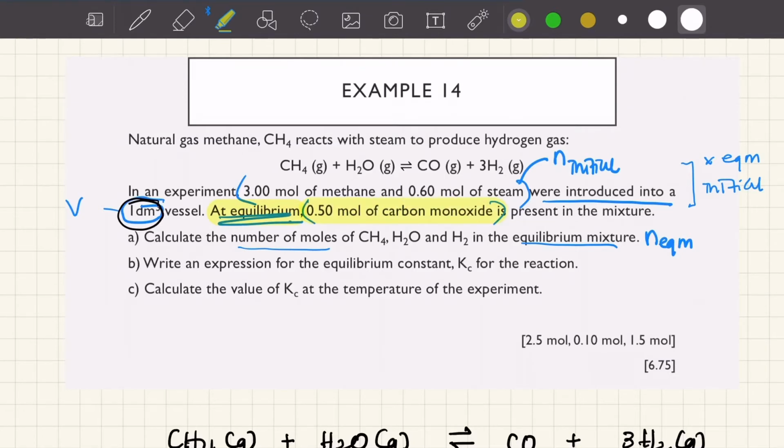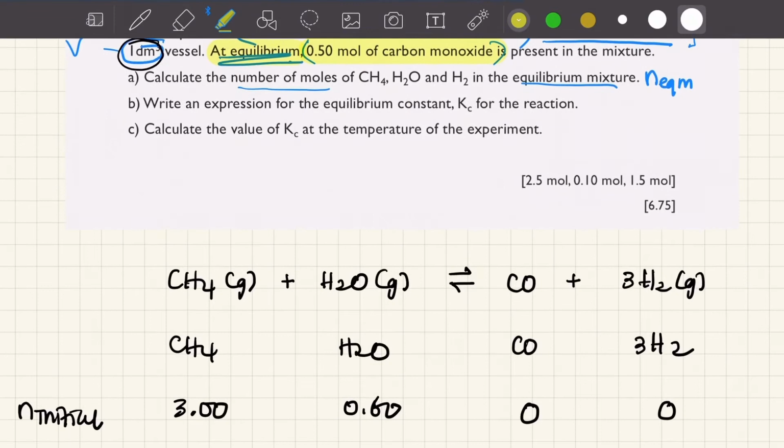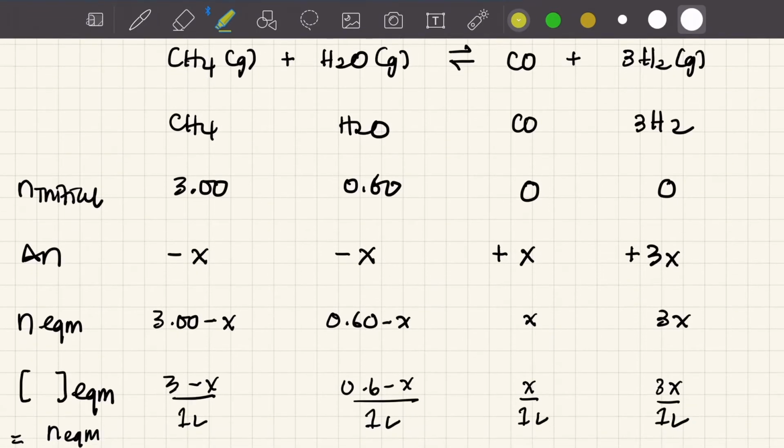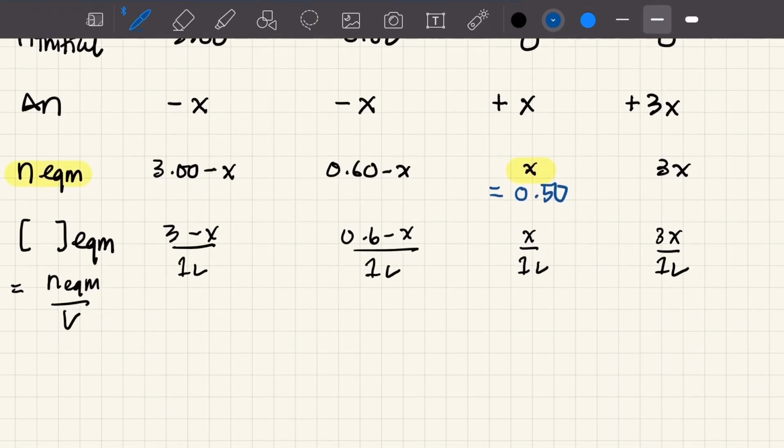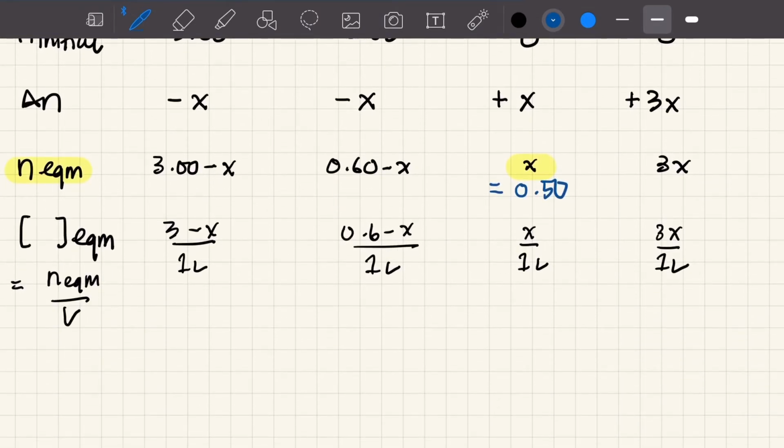So compare the information that you have at equilibrium. At equilibrium, you have 0.5 mole of carbon monoxide, so that means your X is 0.50 mole.